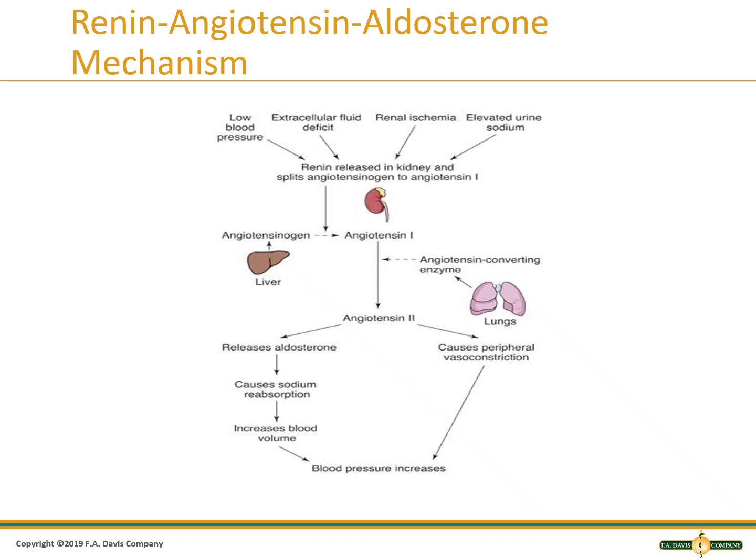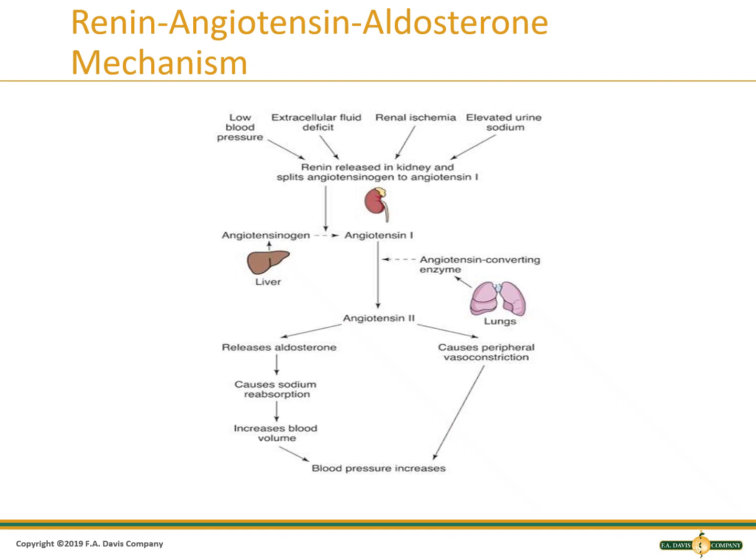So when they don't get adequate blood flow, they will release a substance called renin. Renin splits angiotensinogen from the liver into angiotensin 1. Angiotensin 1, with the help of ACE, angiotensin converting enzyme from the lungs, becomes angiotensin 2.